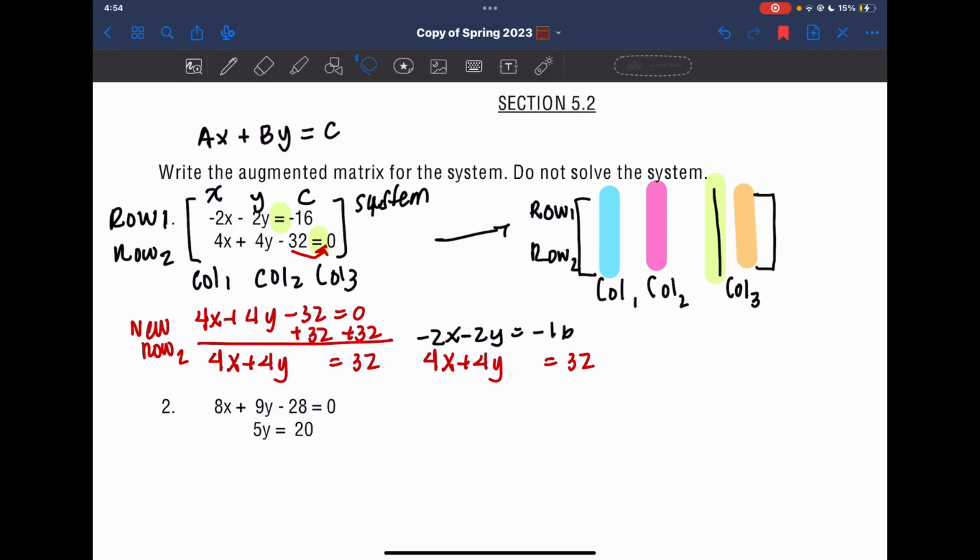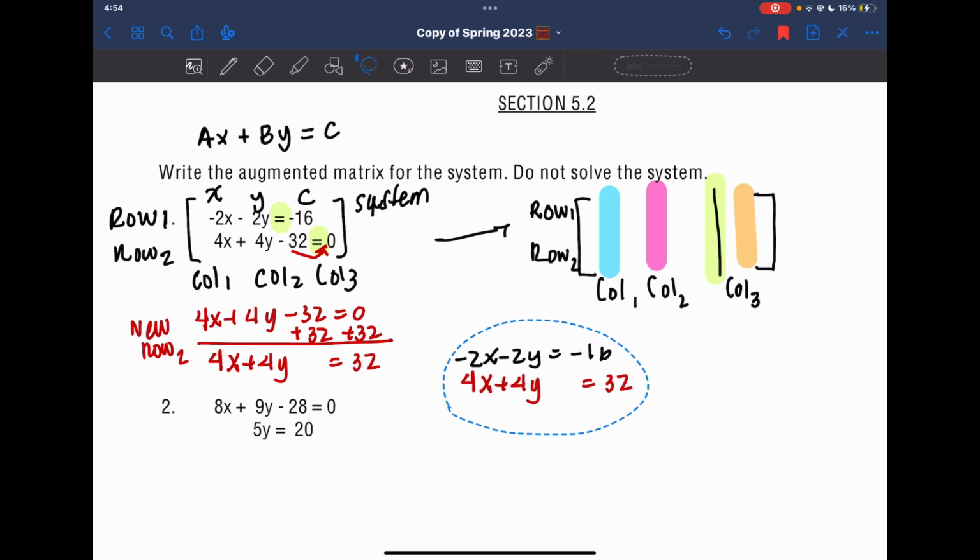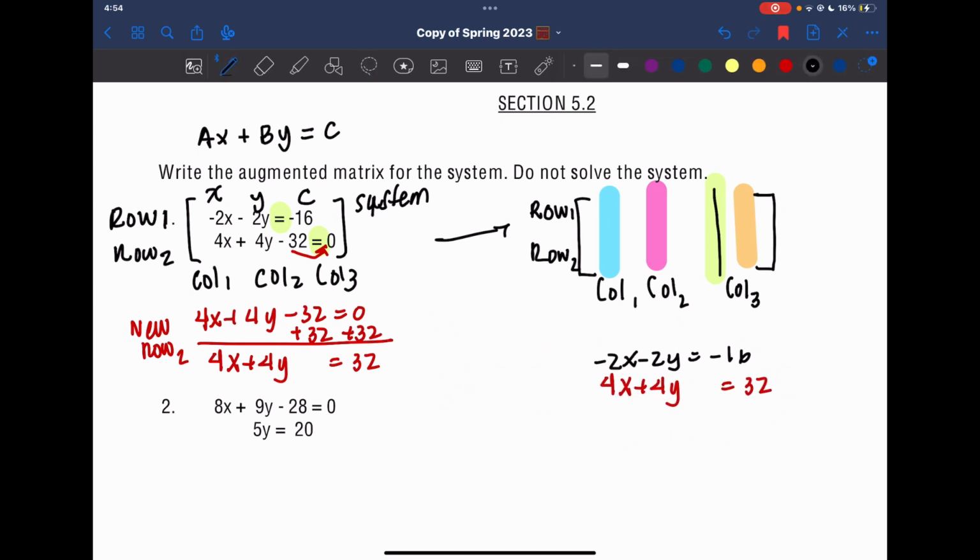So this is going to be the new system. So this system, you can call it whatever you want. Let's just call it system I. So system I is going to go into matrix I.